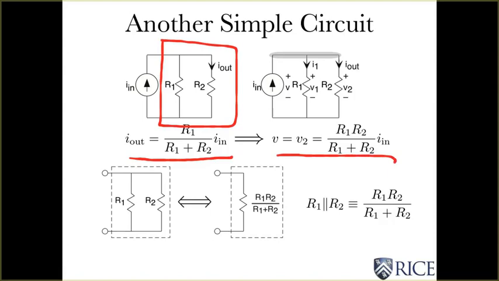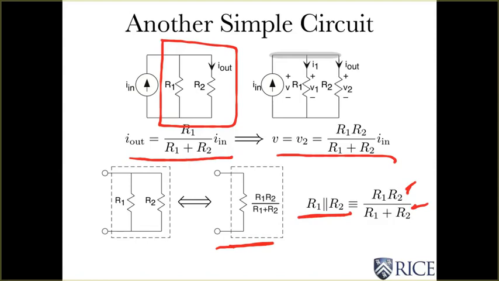That's again the VI relationship for a resistor. It looks like a single resistor whose resistance is the product over the sum. And I use this shorthand notation for that result. So R1 parallel R2 means R1 R2 divided by the sum of R1 and R2.